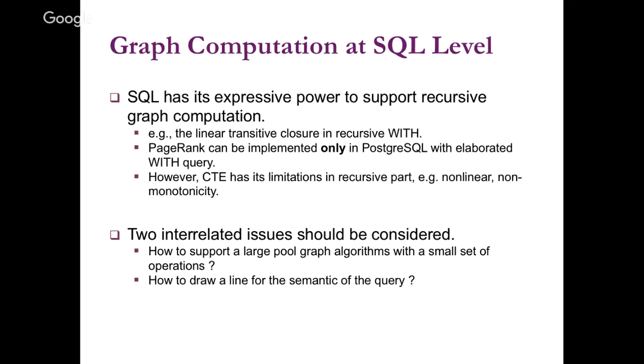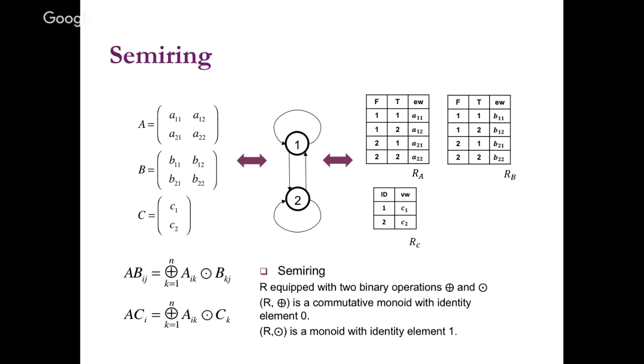One is how to support large graph algorithms with a set of operations as many as possible, and the other is how to draw a line for the semantics of the query. Now we move to the first answer.